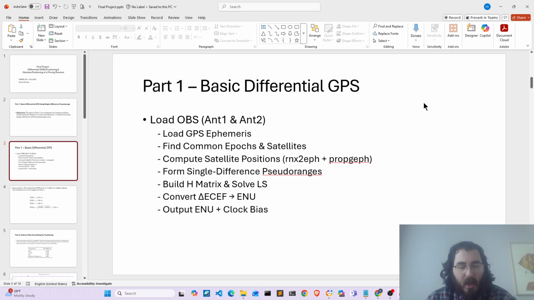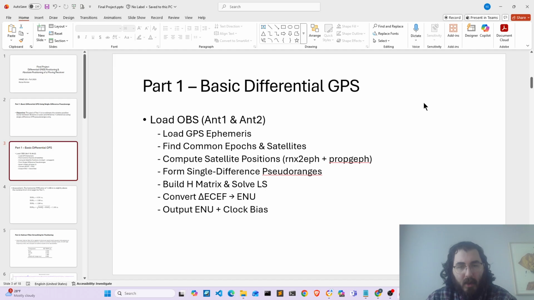This ensures that every differential solution uses accurately propagated satellite coordinates. For each epoch, I form single difference pseudo ranges by subtracting the reference receiver's pseudo range from the user's pseudo range. These differences remove satellite clock errors and significantly reduce the atmospheric effects, leaving a much more stable and geometry-driven relative positioning problem.